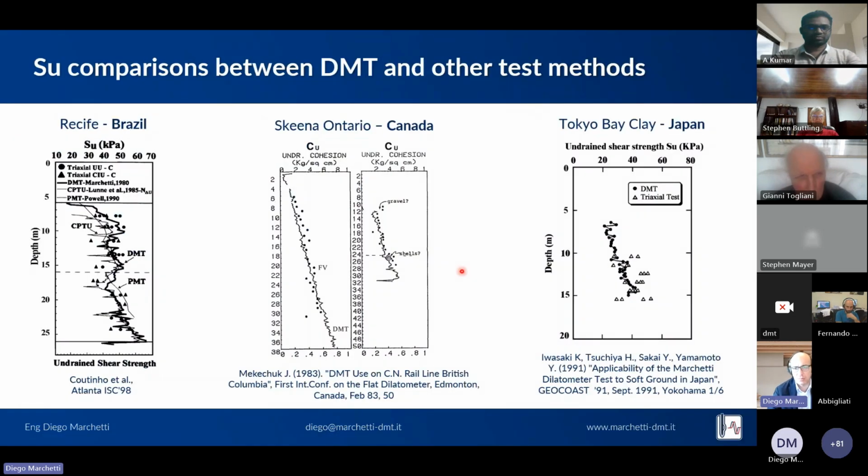Again, there are several publications that may be found in literature comparing DMT results of the undrained shear strength in research test sites that are very well documented by research groups, so tests performed with high standard quality, with triaxial, CPTU, according to the NKT, and the pressuremeter, showing good agreement, with the field vane test in this example in Canada, and again in Japan and Tokyo Bay clay.